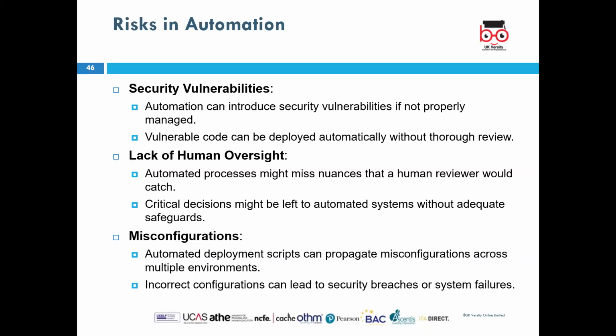Obviously, as an end user, there is human error, where humans can perform errors which have to be caught immediately, before they lead to bigger issues. And also we have misconfigurations, where automated deployment scripts can propagate misconfiguration across multiple environments.